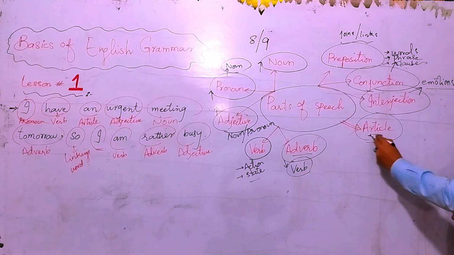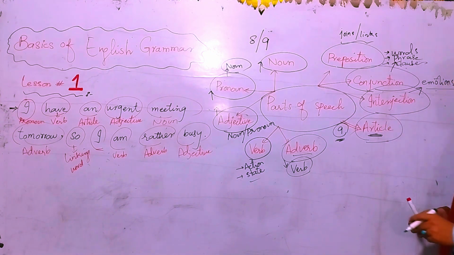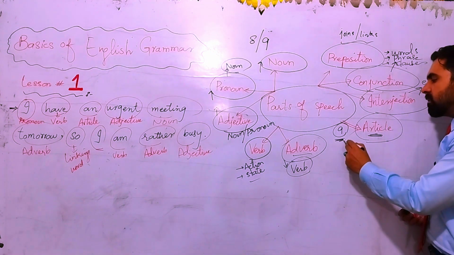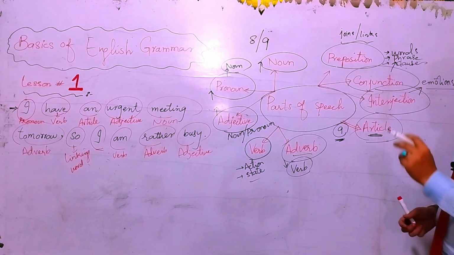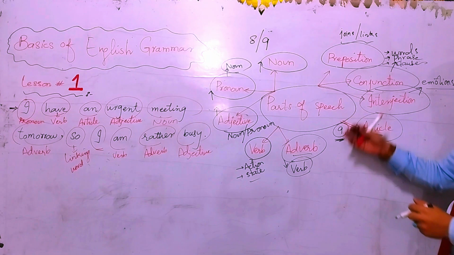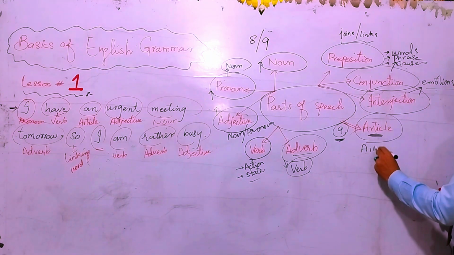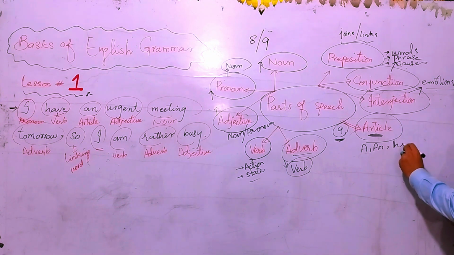Okay, this is the part of speech which we can say is the ninth part of speech. Some grammarians say this is not a part of speech, and some say no, this also belongs to the list of parts of speech. Articles are of three kinds.